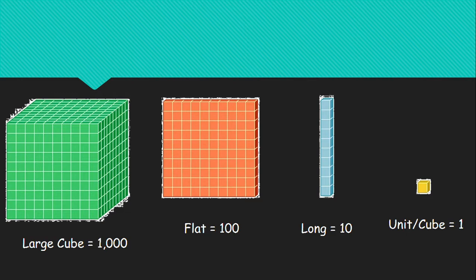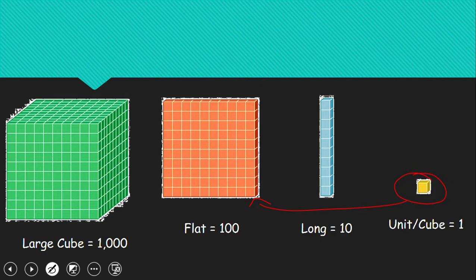Okay. Then we have our flat, which equals 100, and we could state that there are 10 longs in our flat, or we could also say that there are 100 units in our flat. Then we move on to our long, which is the value of 10, and there are 10 units in there, and then we have our cube.